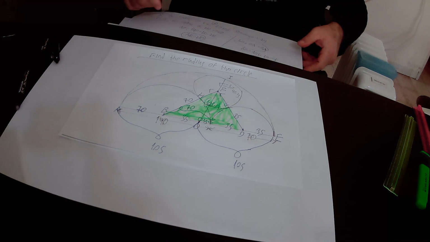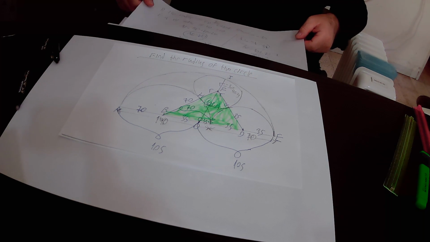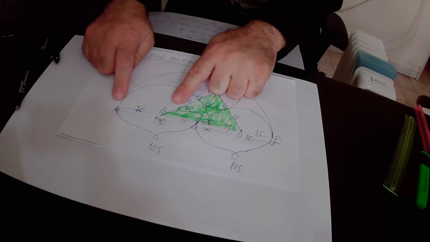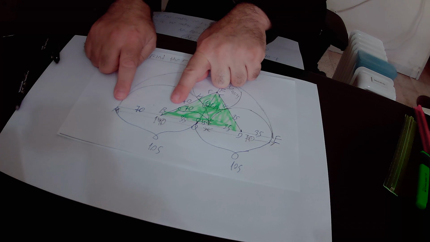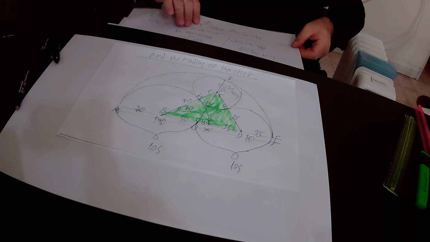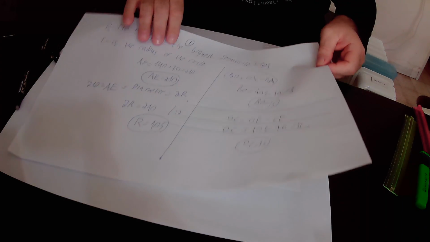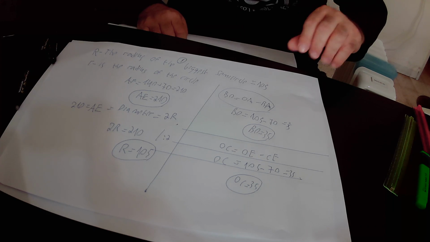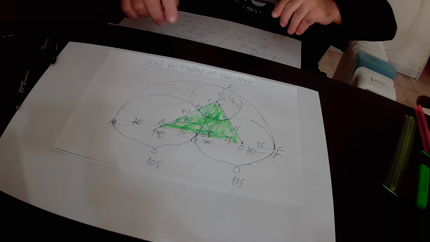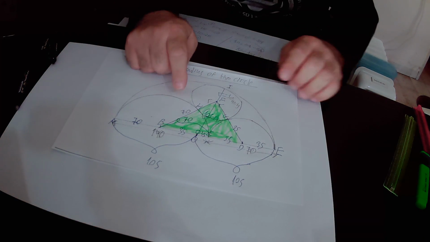So we substitute OA by 105 minus BA. BA equals 70 units, the radius of this semicircle. In conclusion, BO equals 105 minus 70, that is 35 units. Line segment BO equals 35 units.